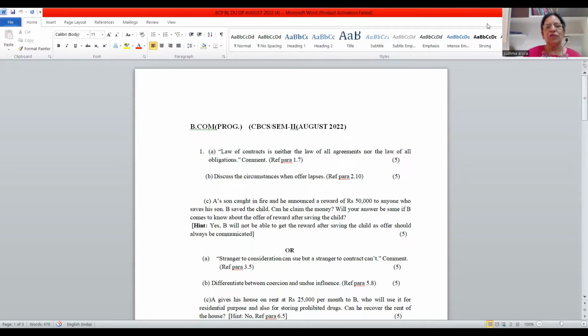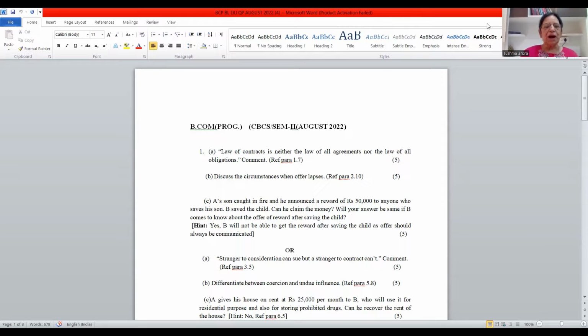Then also the offer lapses. So, friends, there are a number of ways in which the offer will come to an end, in which the offer will lapse. The answer for this question you will find in para 2.10 in my book, Business Laws by Sushma Arora.